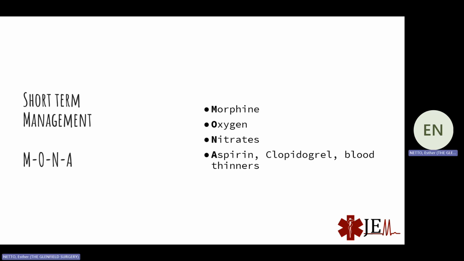Some of you may have seen that anyone who has chest pain carries around a little spray with them that they spray underneath their tongue, and that relieves the pain. If you haven't seen that before, don't worry. What that is, it's called a GTN spray, and the N in it stands for nitrates.